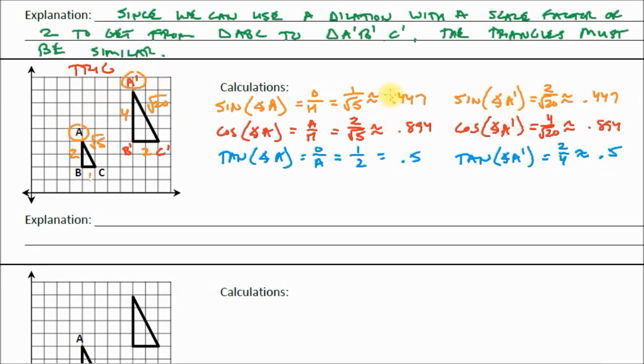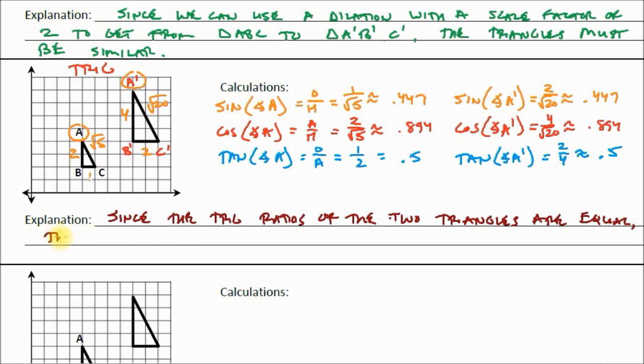Both of those are corresponding angles, and therefore our explanation will tell us that since the trig ratios of the two triangles are equal, the triangles must be similar.